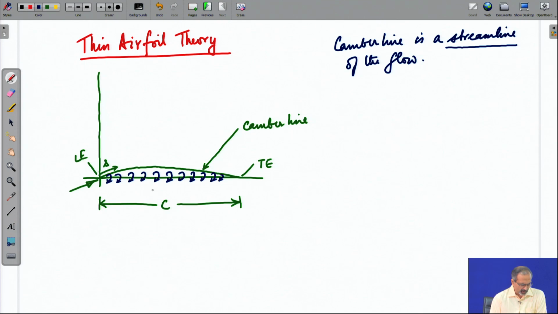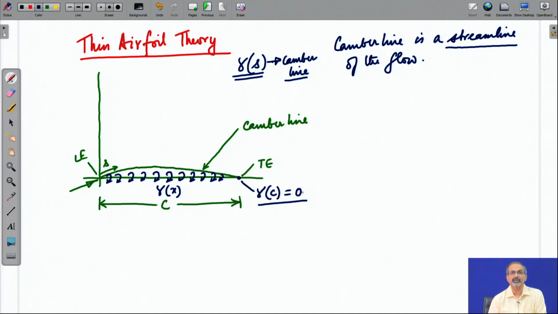Of course, we need to find out what this distribution of gamma should be, and now that we have redefined gamma as gamma x rather than gamma s if it was deployed along the camber line, we would actually have to find out gamma s, but now we have reduced the problem to finding gamma x, which is along the chord line. So, we need to find gamma x, so that we can make the camber line a streamline of the flow. Additionally, we have to make sure that the strength of the vortex sheet, gamma, goes to 0 at the trailing edge, because that is what the Kutta condition says.